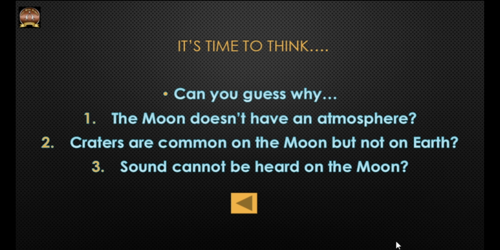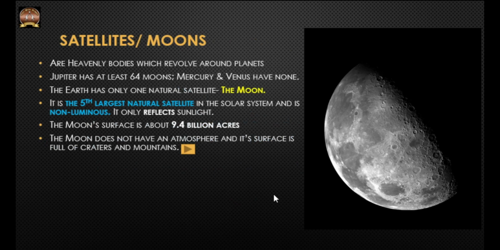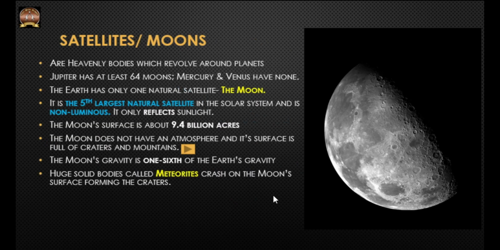This is why it is considered that the Moon has no atmosphere like that on Earth. Huge solid bodies called meteorites have crashed on the Moon's surface, forming the craters.